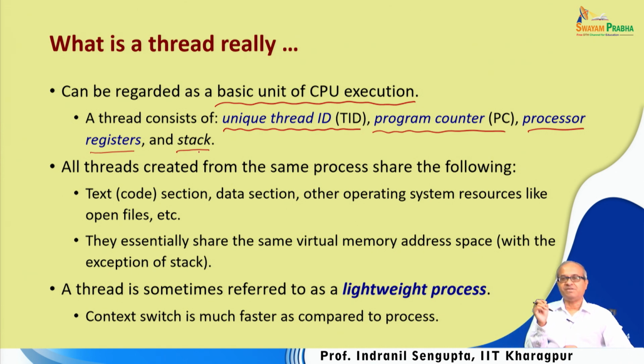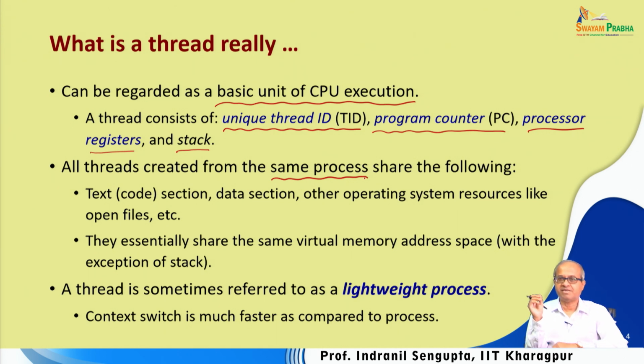Now, there is something interesting about a thread. Suppose the same process creates several threads. Some of the characteristics of these threads are as follows. When you do a fork to create a new process, initially only the text section was shared. Data, heap, stack, they are all separate.